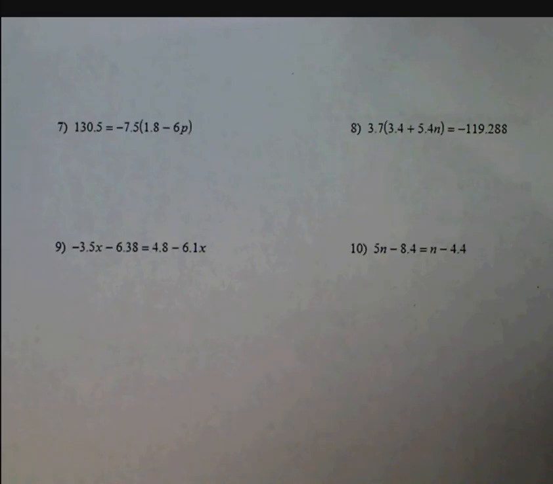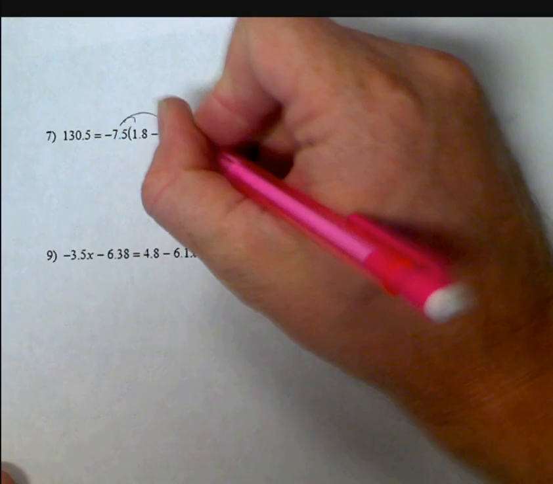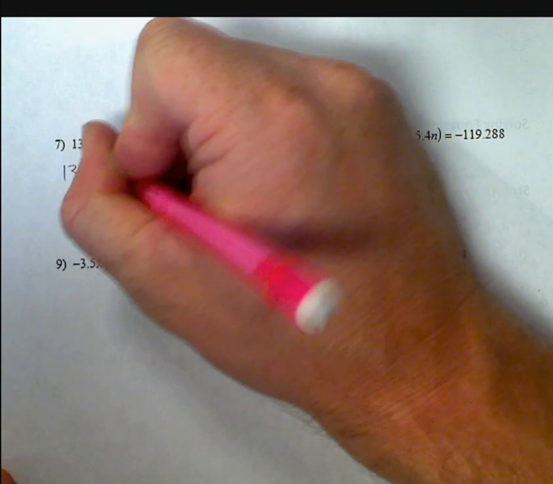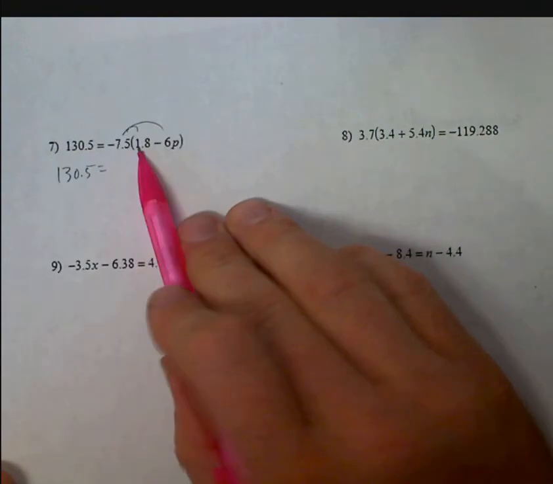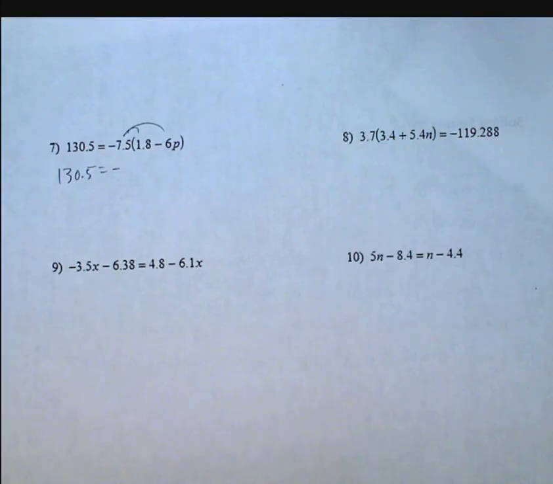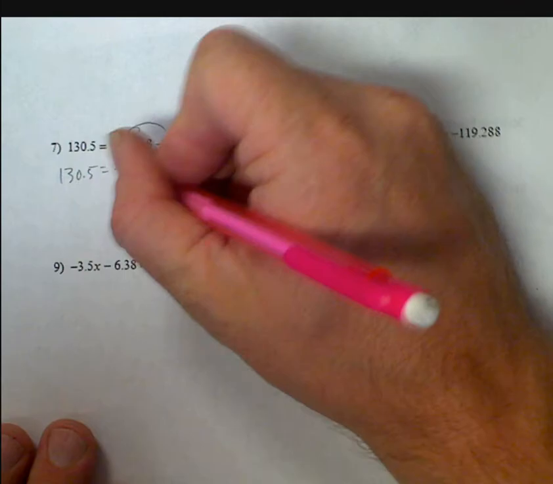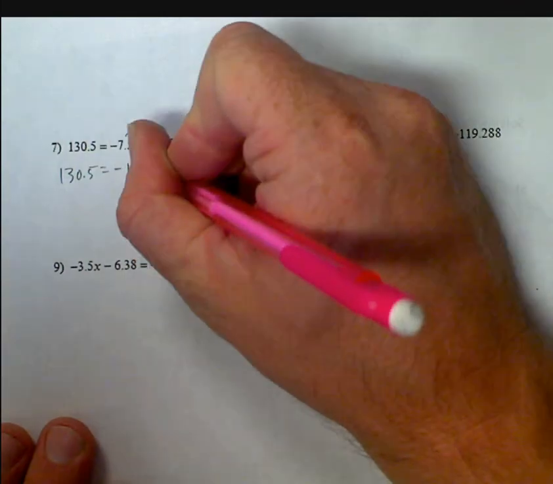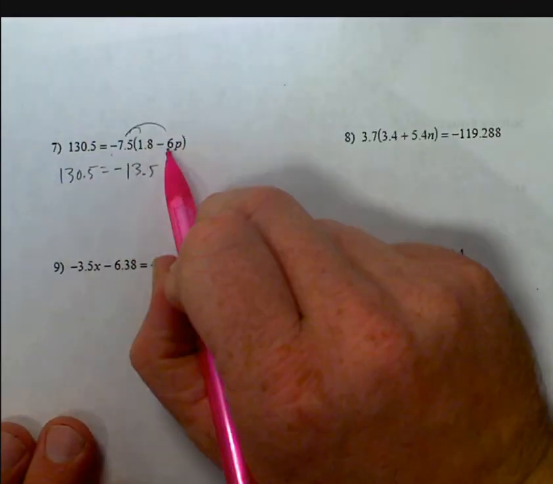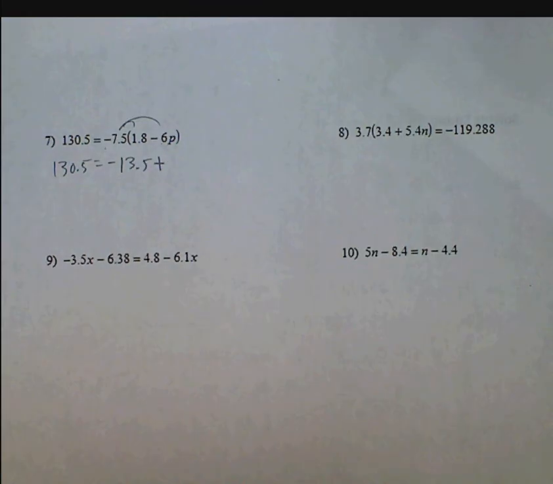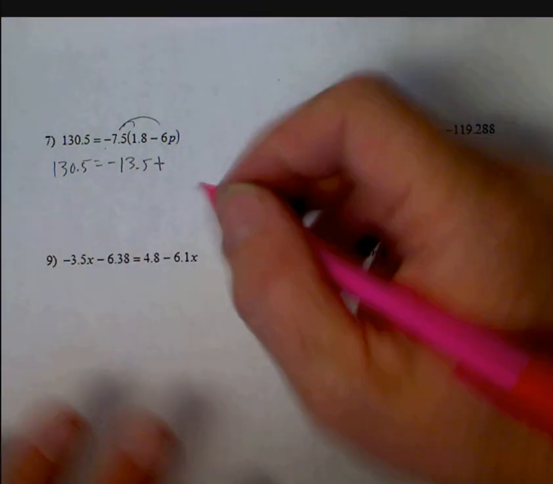On number 7, now I notice that I can distribute. Same rules apply. I must distribute first. If I distribute, negative times positive is a negative. 7.5 times 1.8 gives me 13.5. Negative 7.5 times negative 6, that's a positive. 7.5 times 6 gives me 45p.